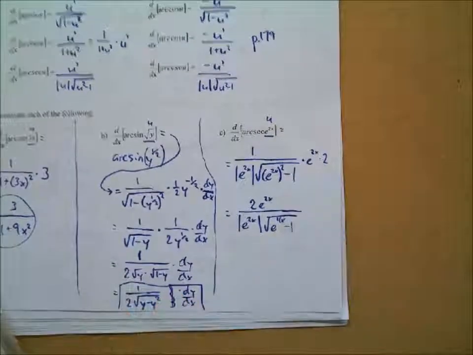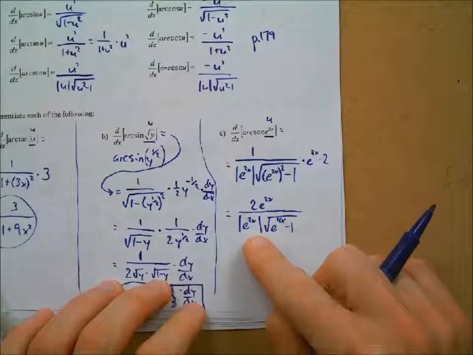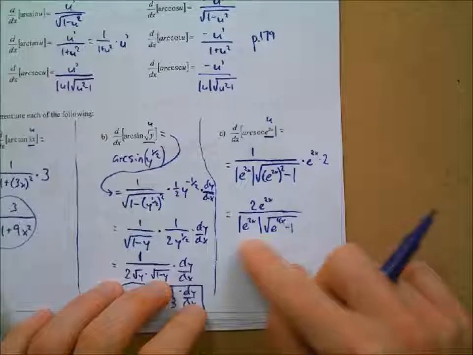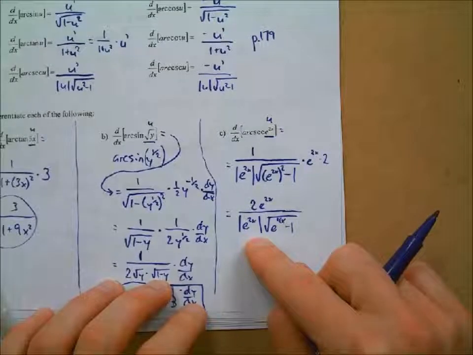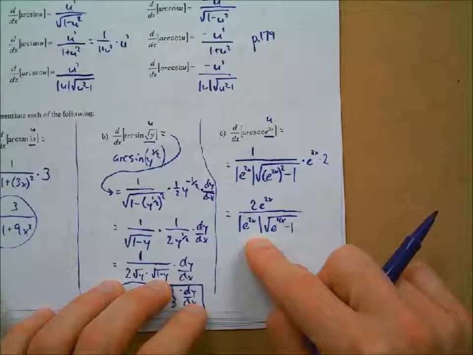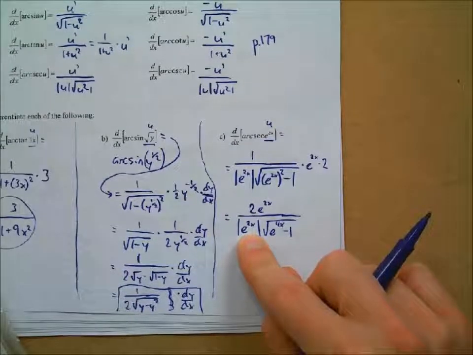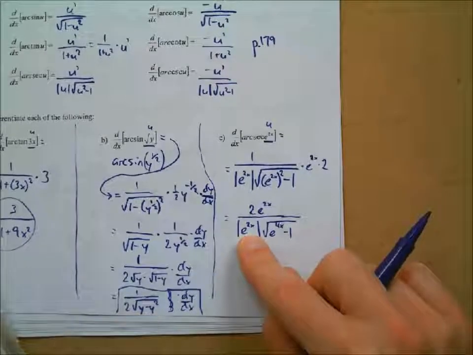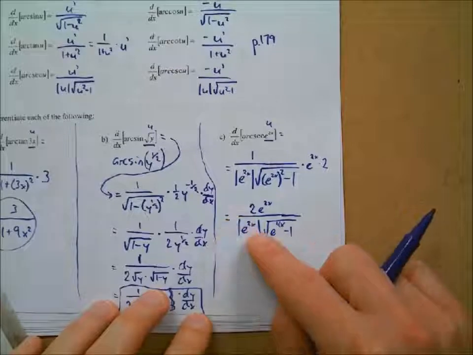Okay. Can we simplify any further here? Yes. What simplifies? e to the 2x. Why can we cancel those things out? I have this absolute value symbol around the e to the 2x here. But what do we know about e to the 2x? It's always positive, right? Because e is a number, like 2.7 something. Raised to an exponent, it will always be positive. And so these absolute value symbols are not necessary.